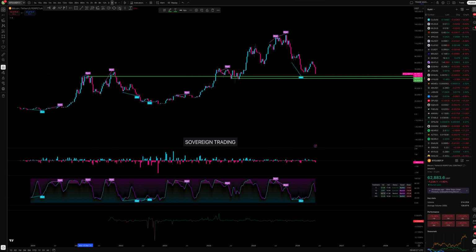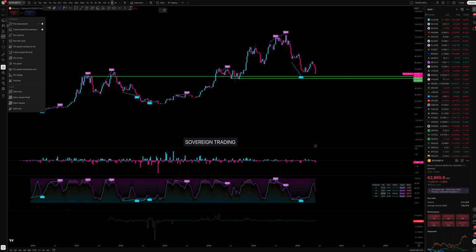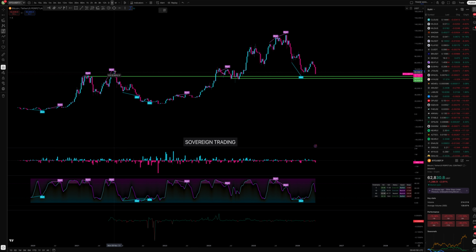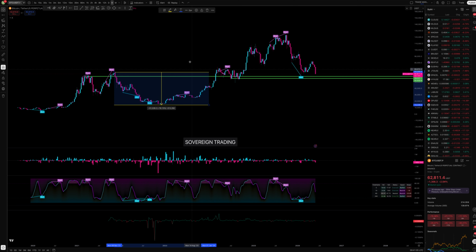And it would not surprise me, really, if, I just want to make one thing because it's important to compare. From the last top in 2021 bear market, you had a 70%, 78% price drop.